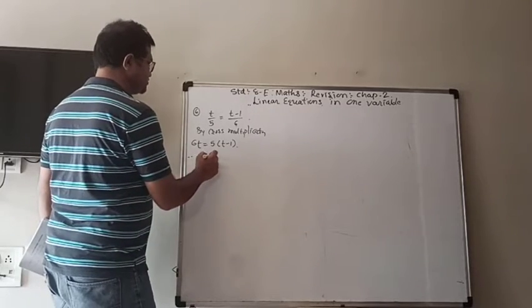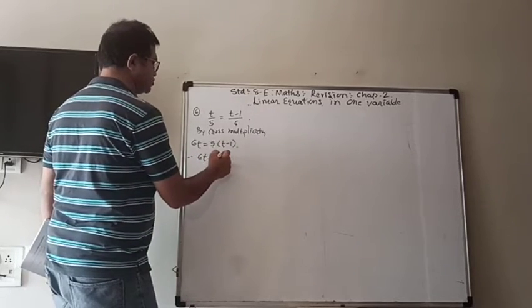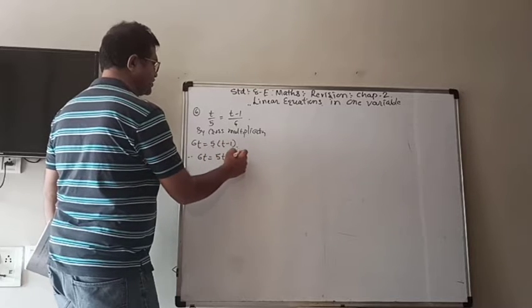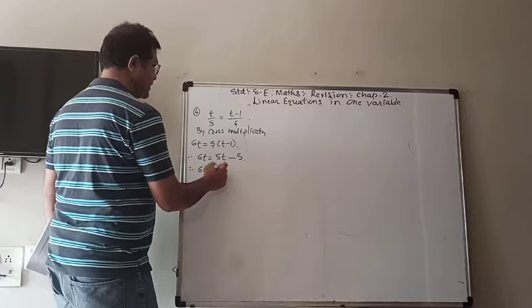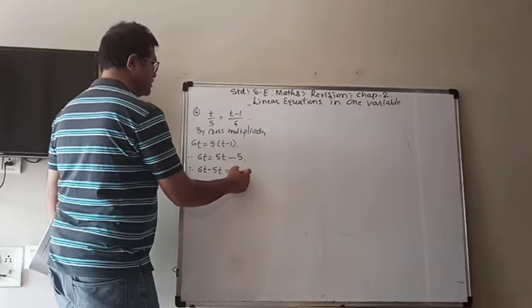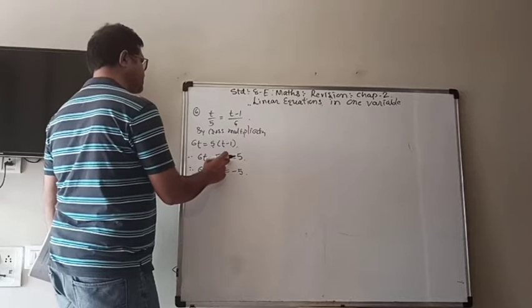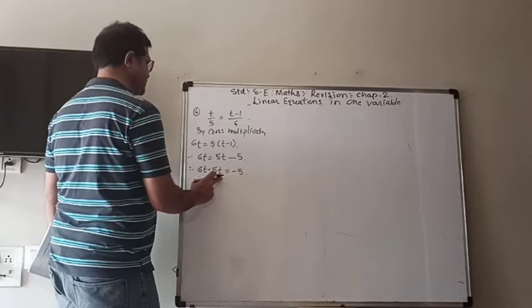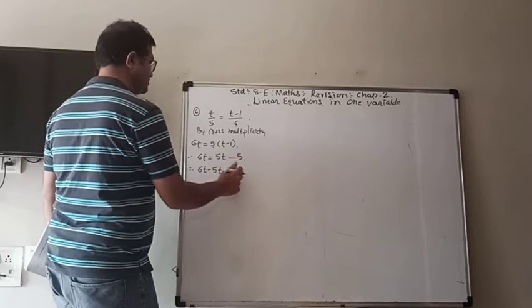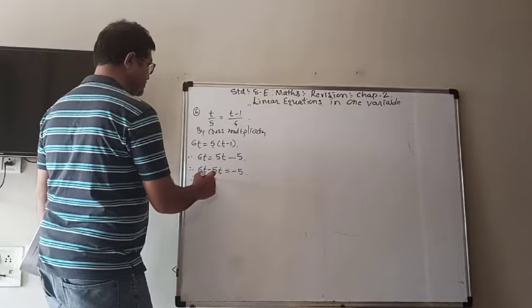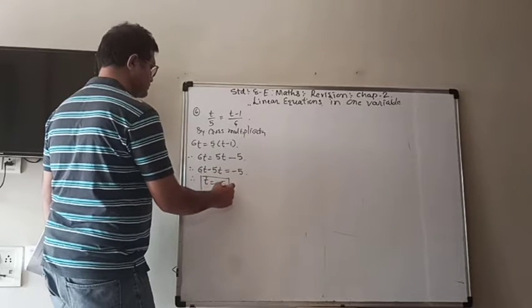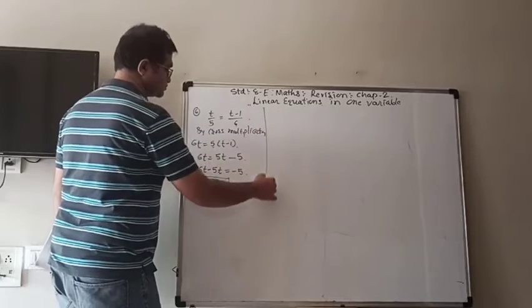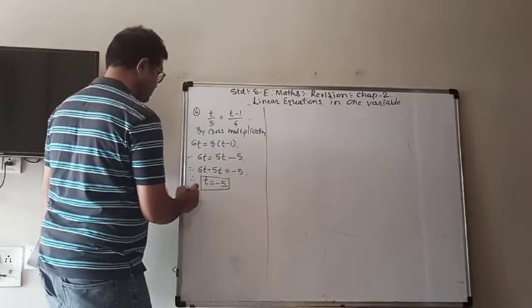Therefore 6t is equal to, now 5 will be multiplied with both of them, 5t minus 5 ones are 5, and therefore 6t minus 5t is equal, because the terms with t we bring one side, minus 5 remaining that side, 6t minus 5t is 1t, so t is equal to minus 5. Next one.